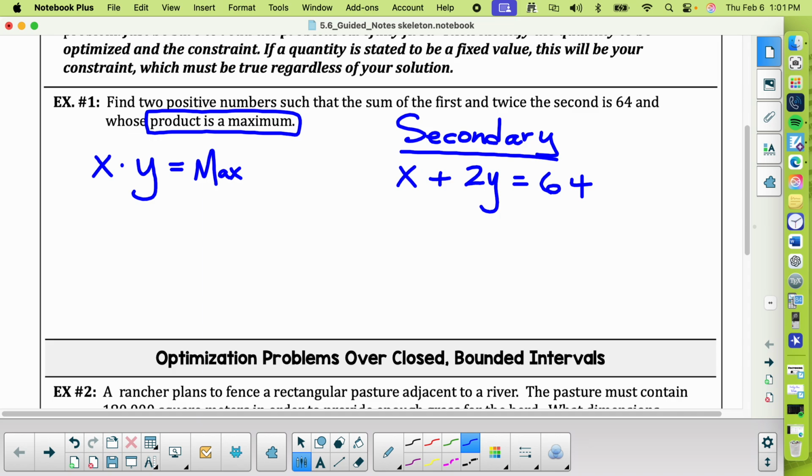Which one do you want to solve for, x or y? From my perspective, x is way easier to solve for, because then we don't have to cut it in half. So x is 64 minus 2y. From that, we will automatically go over here and get rid of x. And it doesn't matter which one you substitute each time. You basically substitute the easiest way possible.